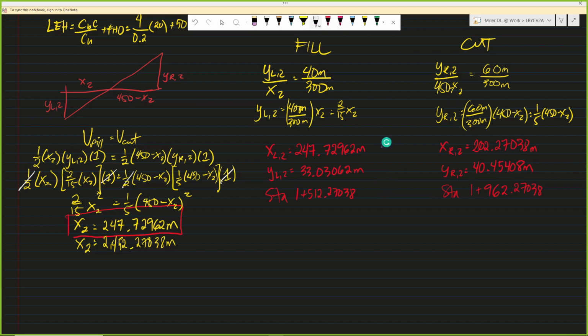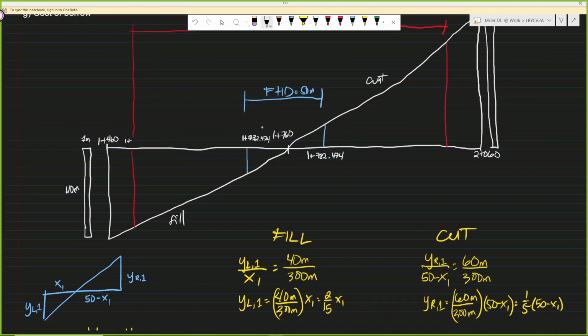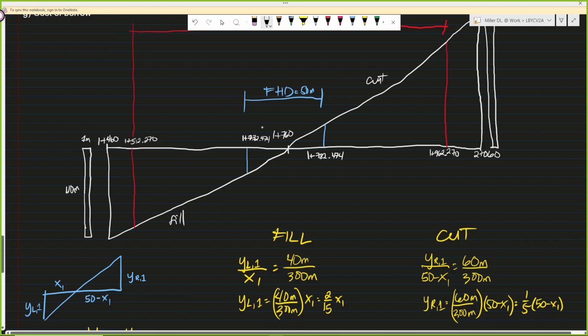Okay, so that would be station 1 plus 512.270 and station 1 plus 962.270. Okay? So, taas natin. Sulatan na natin ng station. This would be 1 plus 512.270. Ito naman ay 1 plus 962.270. Okay?